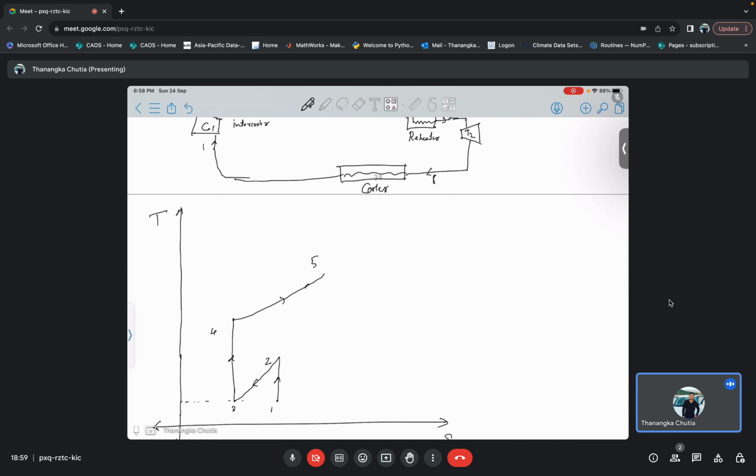Then 5 to 6 expansion. Again there is reheating up to this temperature. And then 7 to 8. This is the TS diagram if you want to see that. Clear? Now what are the things that are given?